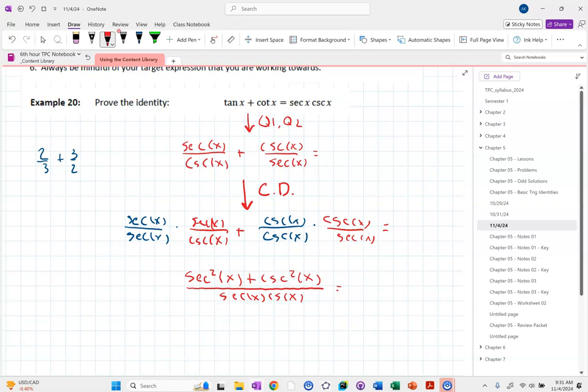Remember, we're trying to get to secant times cosecant. Now, I see that on the denominator, but that doesn't really seem like it's going to be helping me a whole lot here. I mean, I'm asking you guys what you think.